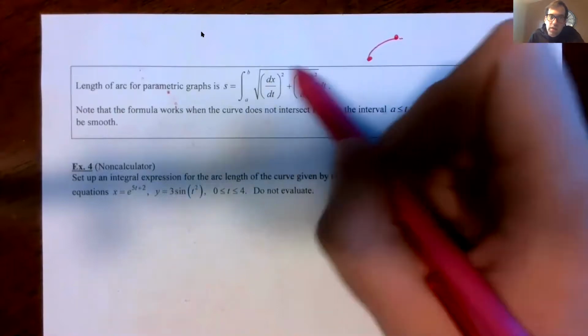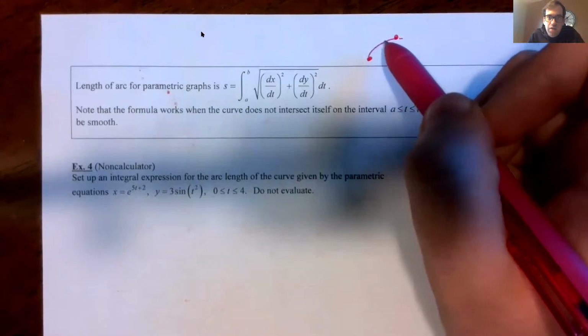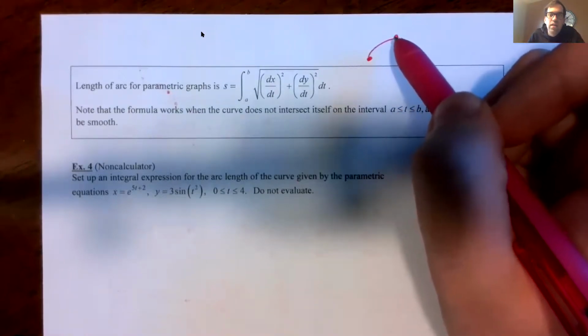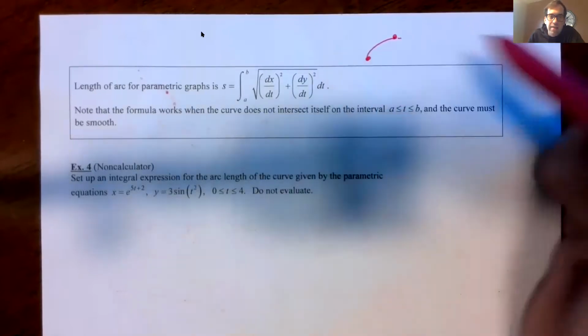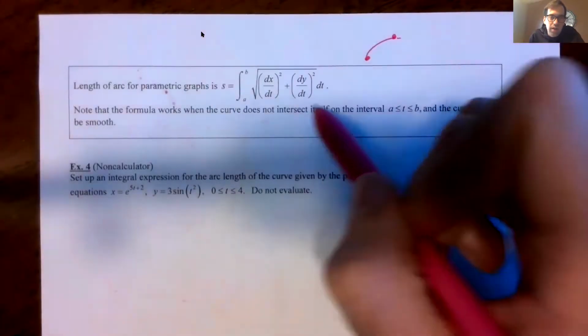Or the distance formula even, you could say. And so it finds the distance between points that are closer and closer together, kind of like an integral does, and adds them all up until we get the length of the curve. We're going to be studying arc length a lot more in a future unit, but for now, this is the formula that we need to know.